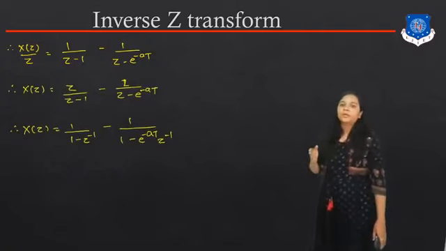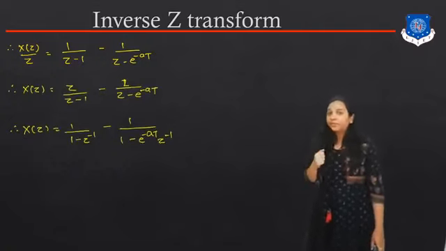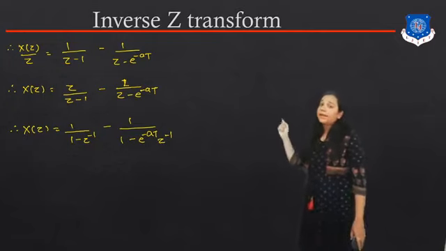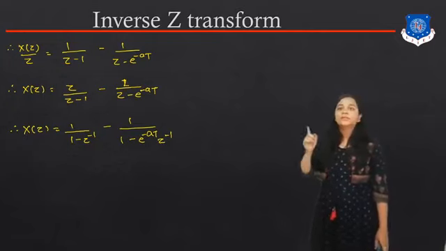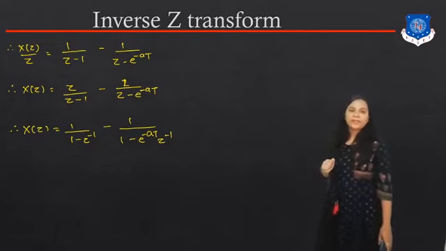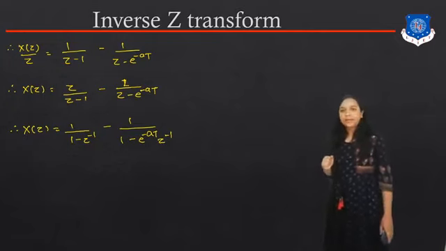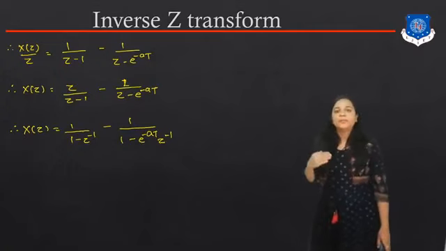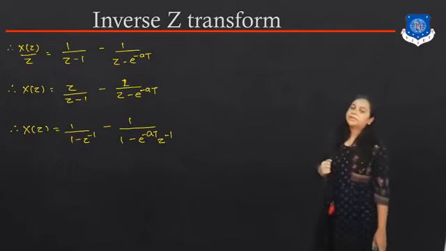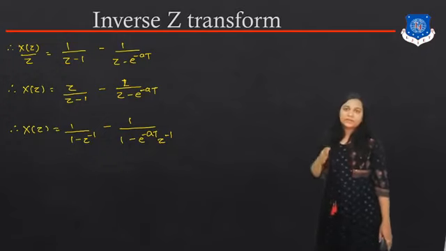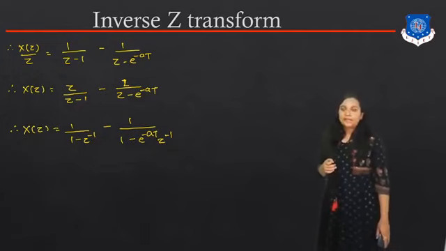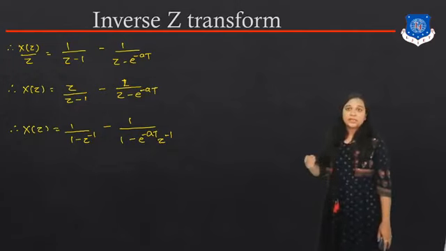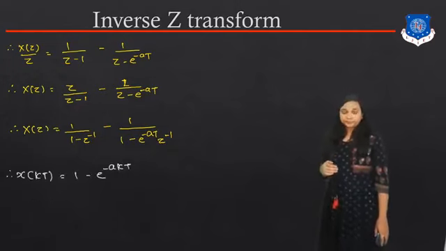We multiply the z with these terms, and we get x of z that is equal to z upon z minus 1 minus z upon z minus e raised to minus aT. Again we simplify this equation, and we get 1 upon 1 minus z inverse minus 1 upon 1 minus e raised to minus aT z inverse. So this is the equation of x of z.